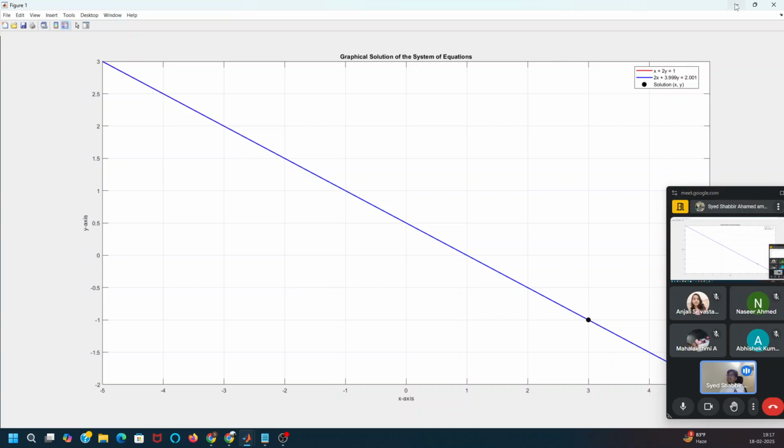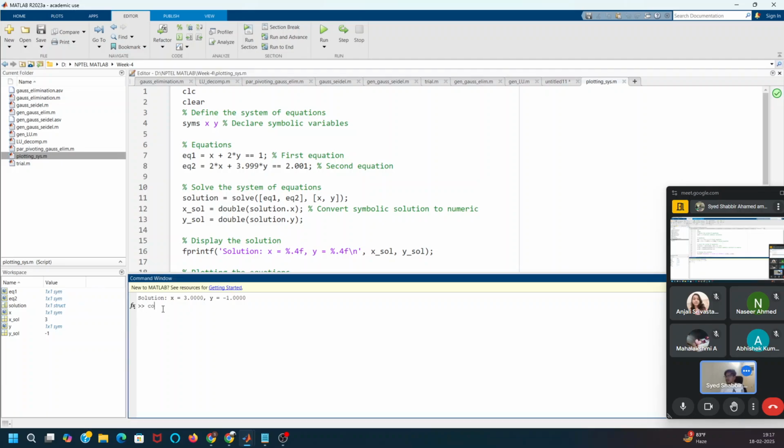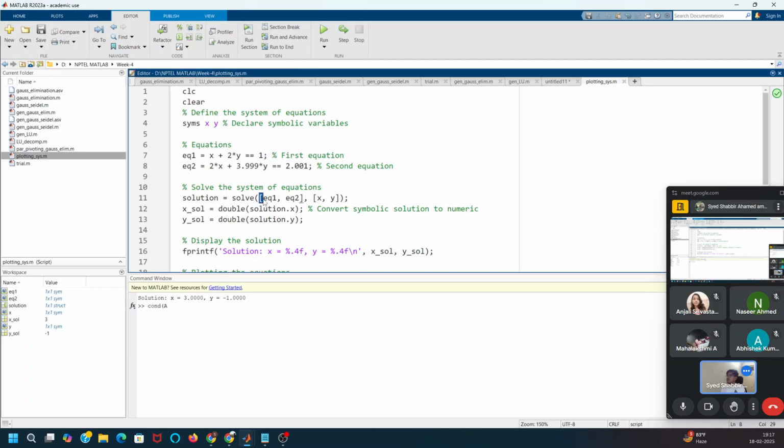So this happens when your equations are nearly linearly dependent, when the columns of your coefficient matrix are linearly dependent, then your condition number becomes very high. So here the condition number, what do we have? We have equation one and equation two.